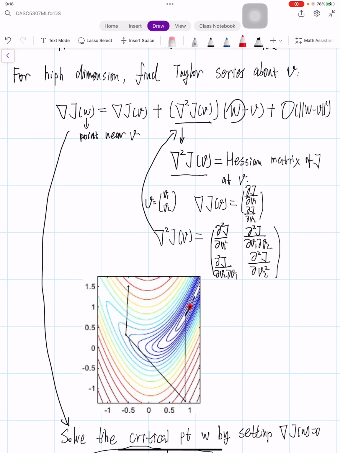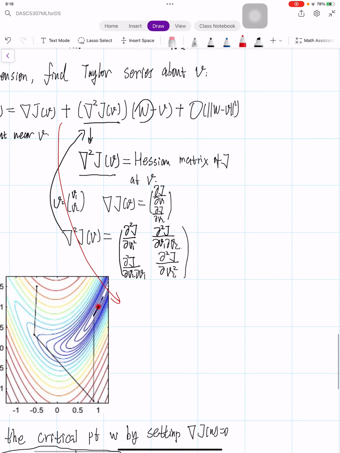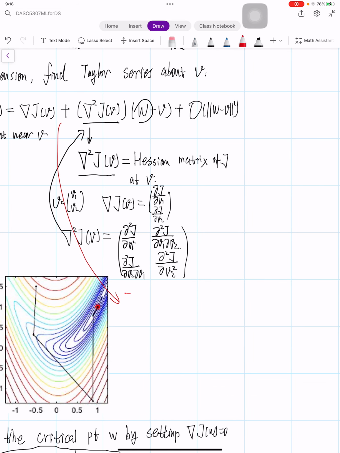For example, maybe let me write down here. You let this equal to 0, so you get gradient G at V plus Hessian matrix W minus Hessian matrix V equal to 0.